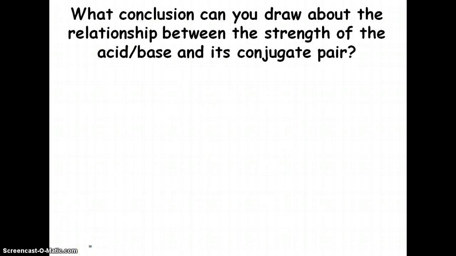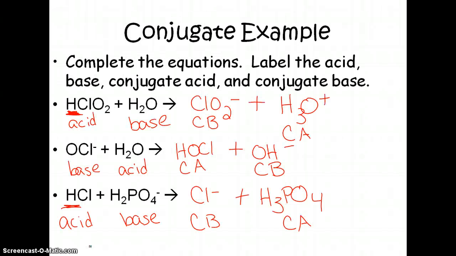All right, so what conclusion could you draw about the relationship between the strength of the acid or base and its conjugate pair? So let's look back. Here, HCl, these are conjugate pairs.